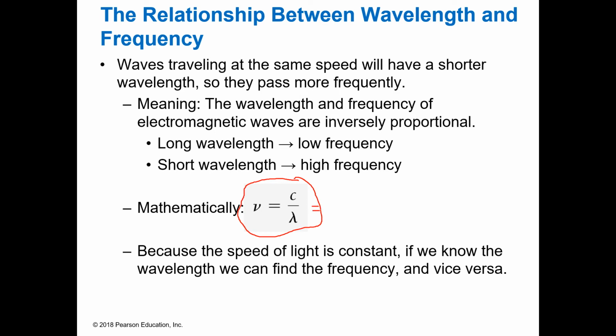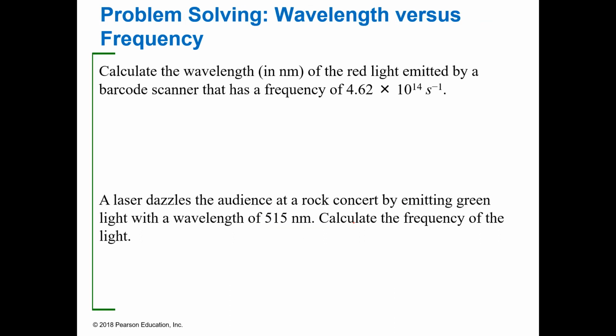So frequency is equal to 3.00 times 10 to the 8th meters per second over wavelength. The longer the wavelength, the lower the frequency. The shorter the wavelength, the higher the frequency. So we can use this to solve for one or the other. It's about as far as we're going to go with the math in this chapter.